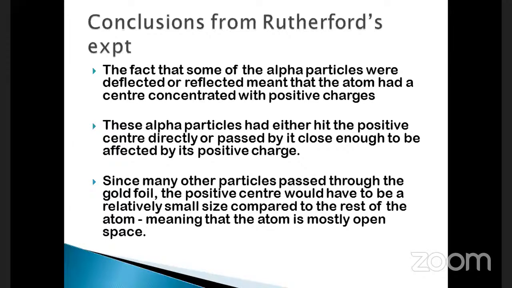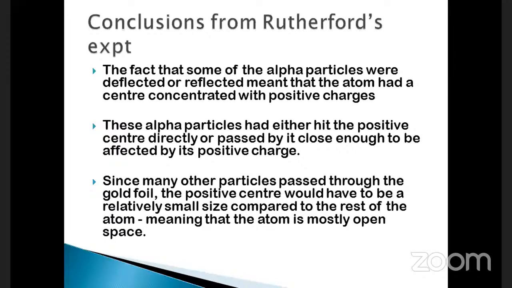And since many other particles pass through the gold foil without deflection, it means that the place that is actually positive in the atom has to be very small, because many of the alpha particles pass through.